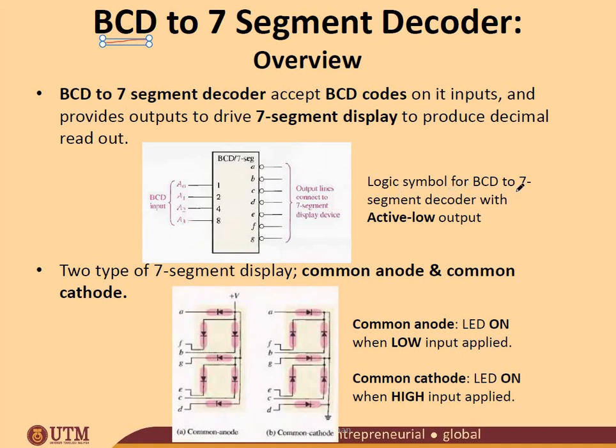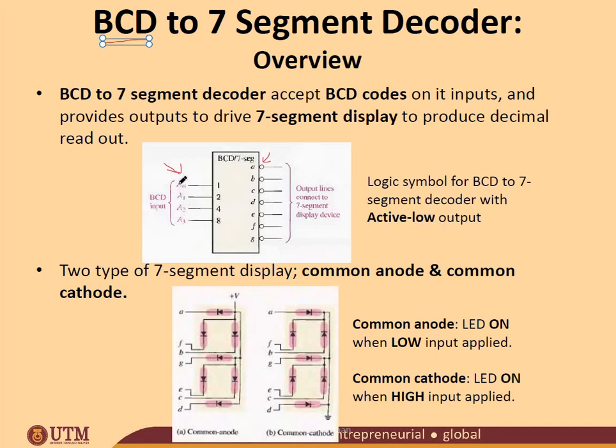Logic symbol for BCD to 7-segment decoder with active low output. This one is quite straightforward, which is why I believe you can still do it after going through the general lecture slides about decoders.